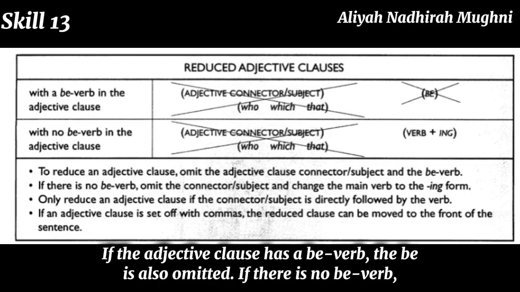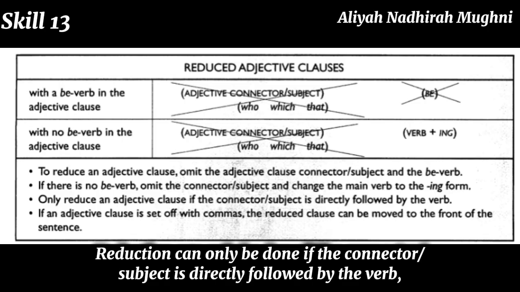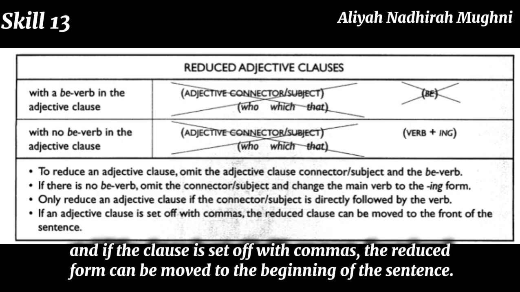If there is no be verb, the connector or subject is omitted and the main verb is changed to the ing form. Reduction can only be done if the connector or subject is directly followed by the verb, and if the clause is set off with commas, the reduced form can be moved to the beginning of the sentence.